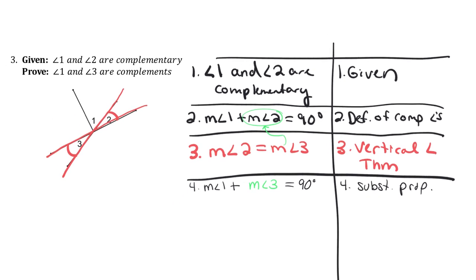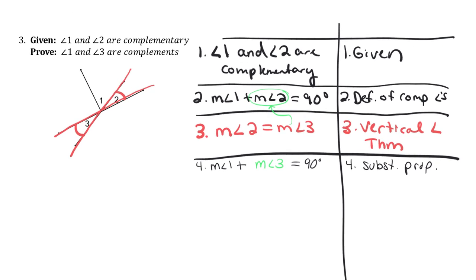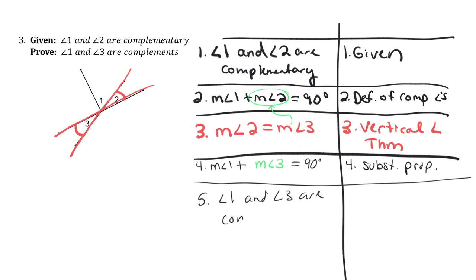So if angle 1 and angle 3 add to equal 90 degrees, then aren't angle 1 and angle 3 complements? So we can finish off our proof here with this last step. Since the measurement of 1 plus the measurement of 3 equals 90, angle 1 and angle 3 are complements. That is simply using the definition of complementary angles, that states two angles add to 90 degrees.